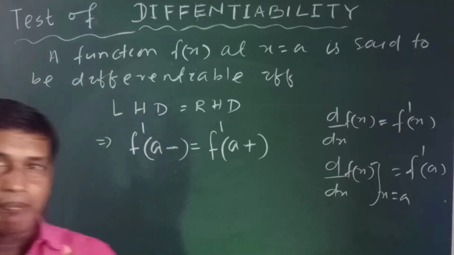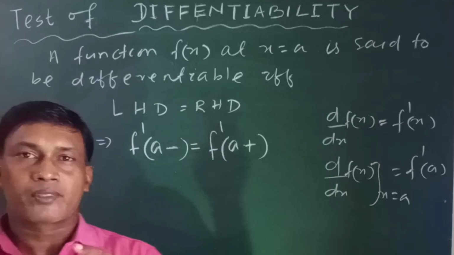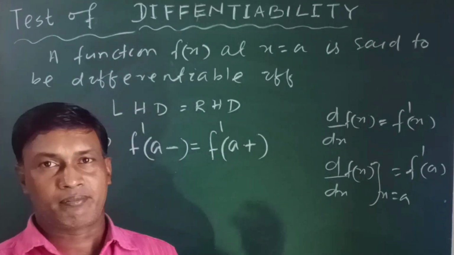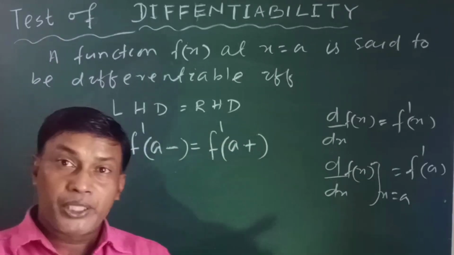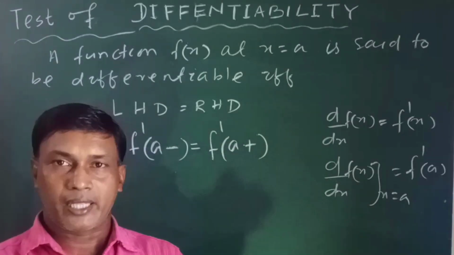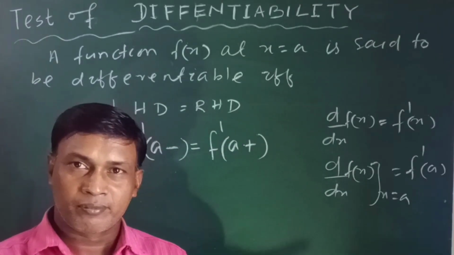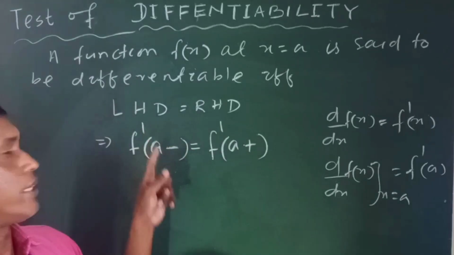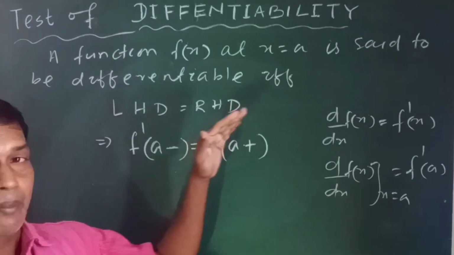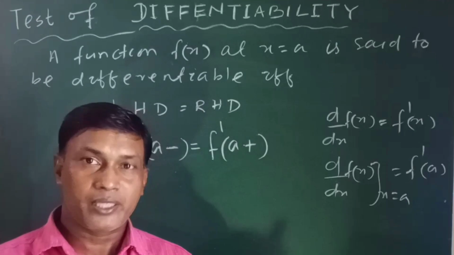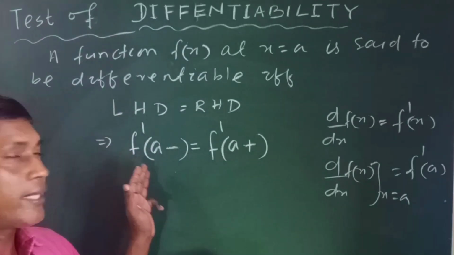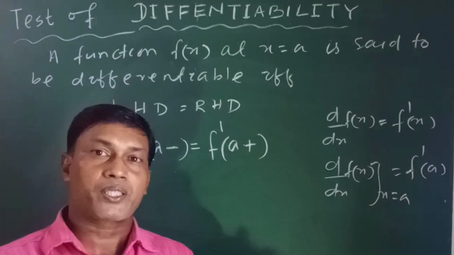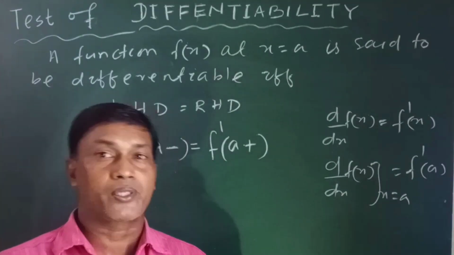So a function has two types of derivatives. One is the left hand derivative, another is the right hand derivative. If these two, left hand derivative and right hand derivative, are equal, then we can say that the function is differentiable. Earlier I said that if the limit exists, then the function is differentiable. Now it's another method. If the left hand derivative and right hand derivative of a function are equal, then also the function is differentiable.